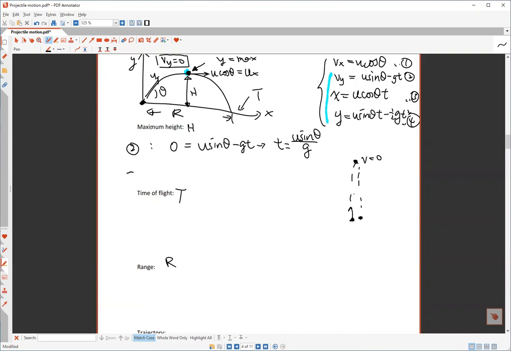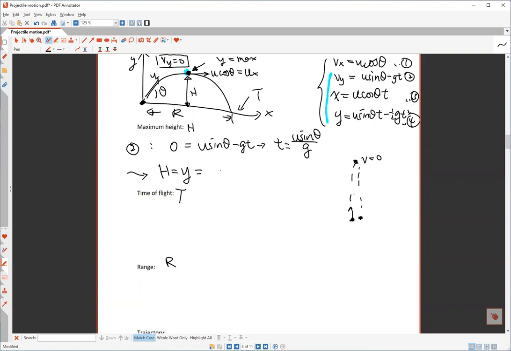And then what is next? If we have solved the time, then we can substitute into the third or the fourth equation to solve x or y. But in this case, we are not going to find x, the horizontal displacement. We're going to find the vertical displacement, that is h.